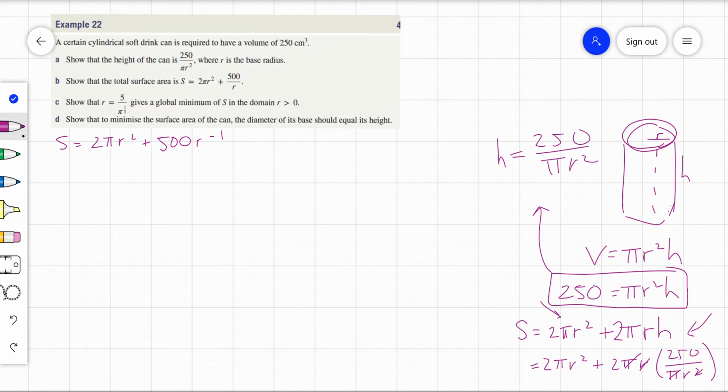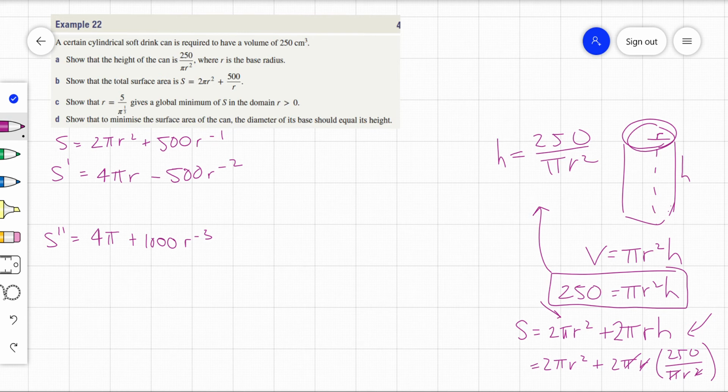If we want to minimize it, we know we need s dash, so ds dr. So we're going to have 4 pi r, minus 500 r to the minus 2, and we're going to need s double dash at some stage to show it's a minimum, so 4 pi, plus 1000 r to the minus 3.